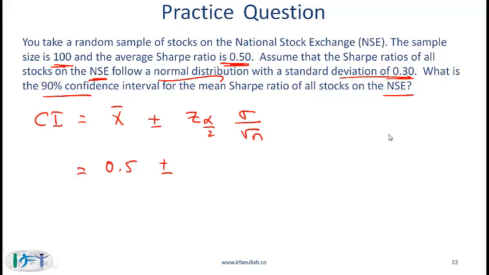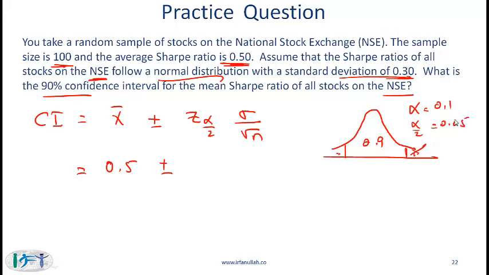We have a 90% confidence, so we look at our normal distribution. 90% confidence means we have 0.9 over here. Our alpha is equal to 0.1, which means that we have 0.1 probability in the two tails. In one tail over here, we'll have alpha over 2, which is 0.05.